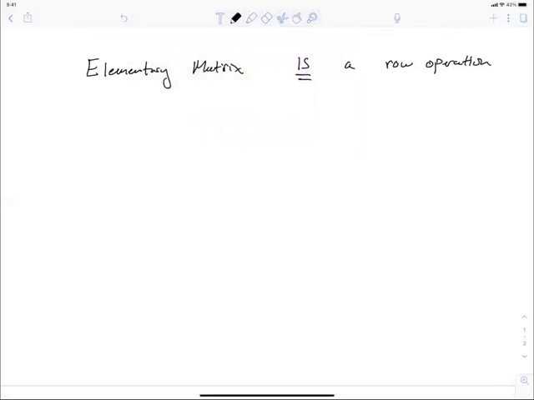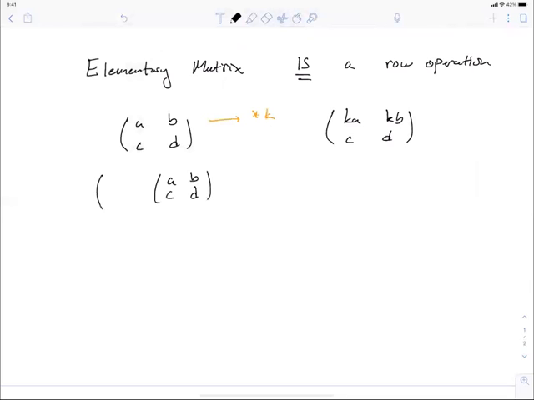So the first one is if we take a matrix and multiply a certain row by a scalar, in this case, we'll say k, then we'll get our result. In this case, row 1 is multiplied by k. But it turns out this is the same thing as multiplying by the identity matrix, except for a k for that given row.